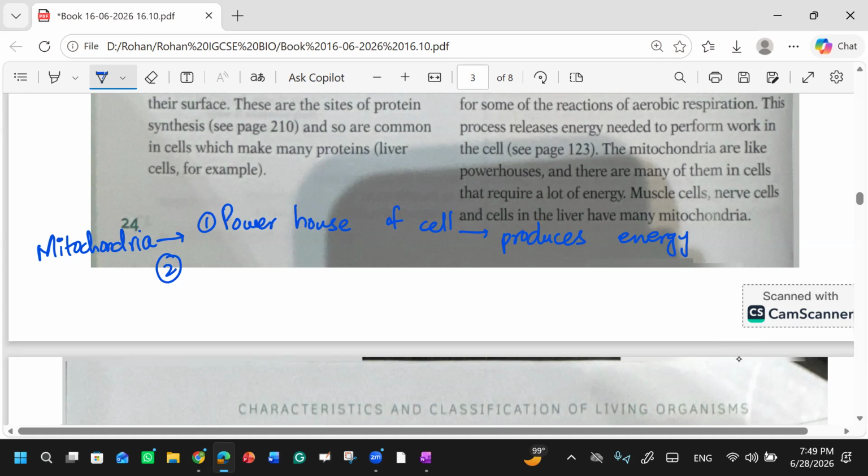So this is how a cell would know whether it is going to die or not. It is dependent on the mitochondria. It provides cell signaling. Cell signaling means it will provide the command whether a cell is going to die, or whether there is growth of the cell. Clear?